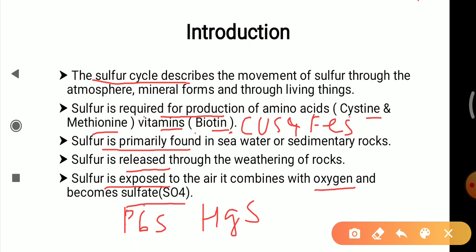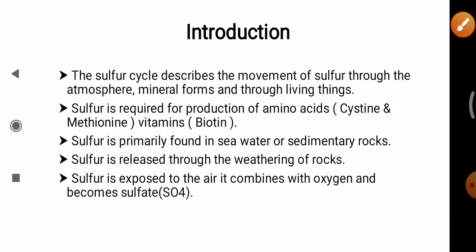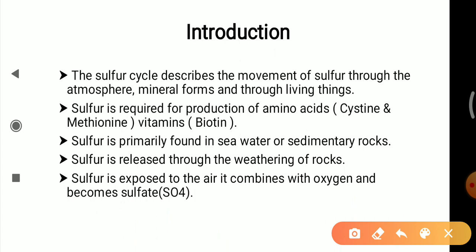Now let's move to the cycle. Before I go to the cycle, I would like to give a small introduction to the forms of sulfur. S stands for sulfur. SO4 2- is sulfate. SO2 is sulfur dioxide. H2S is hydrogen sulfide.